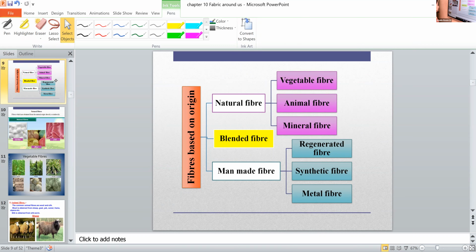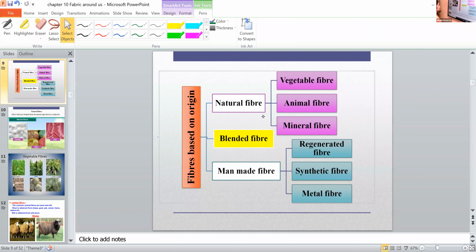Note down, Reina. Fibers based on origin: natural fiber, blended fiber, and man-made fiber.